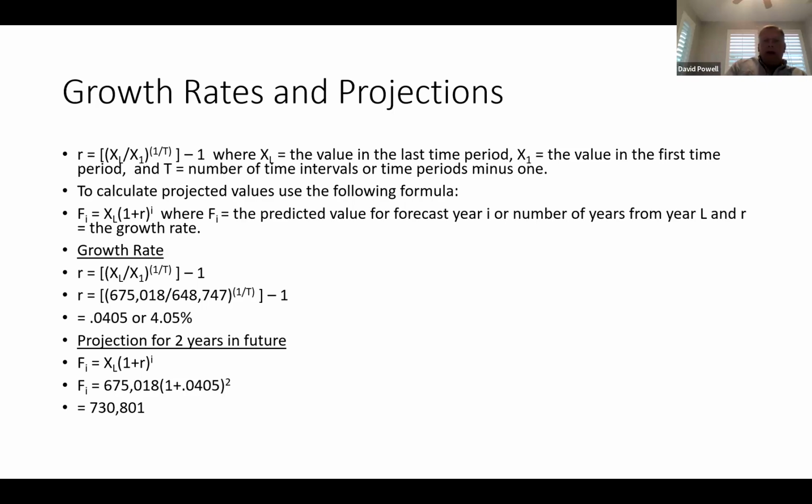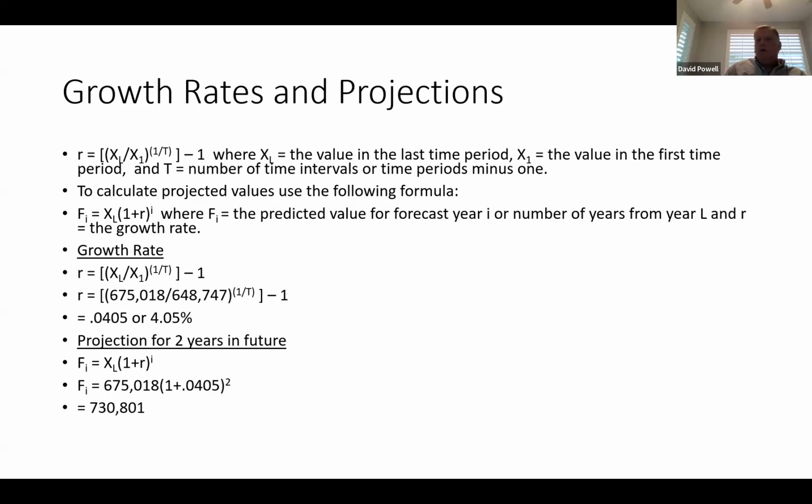So XL, we said, was last year was $675,018 times 1 plus 0.0405, the growth rate that we just calculated, raised to the second power because we were forecasting 2 years into the future. And then 2 years in the future, based upon these numbers, we would have forecasted we are going to generate $730,801. That's at a 4.05% growth rate over a 2-year period of time.